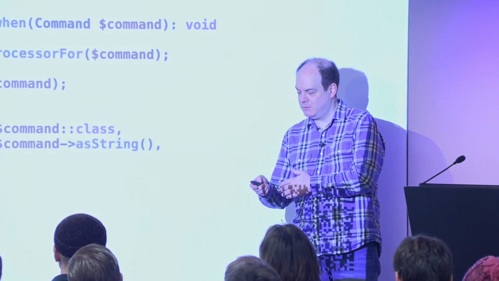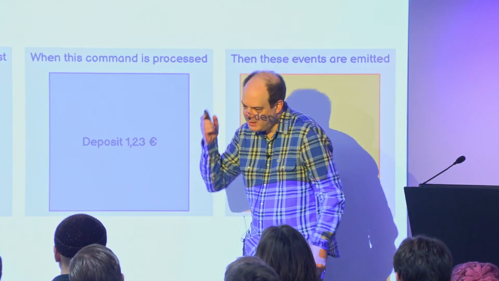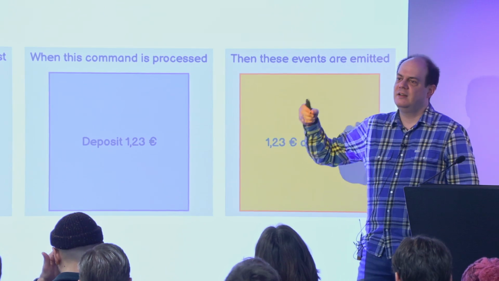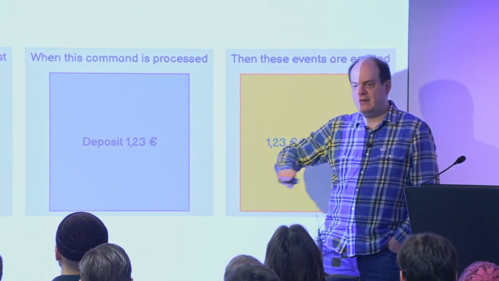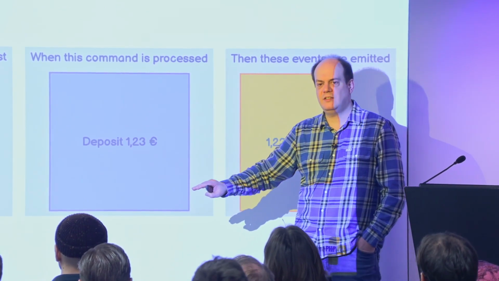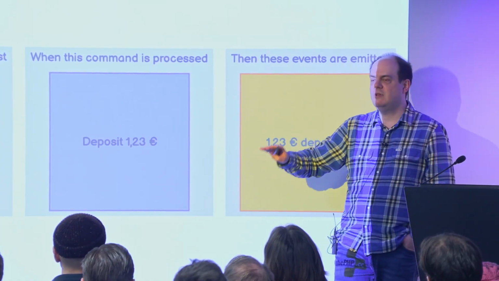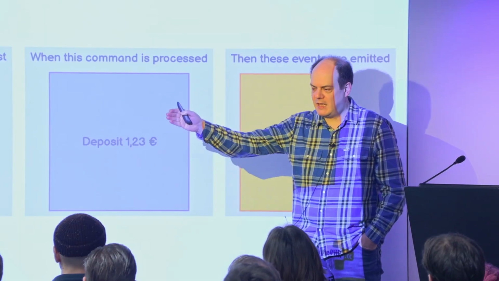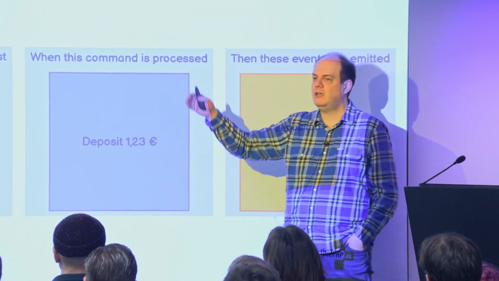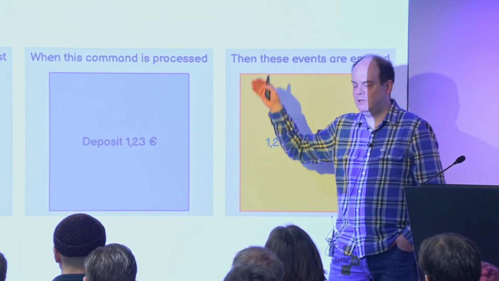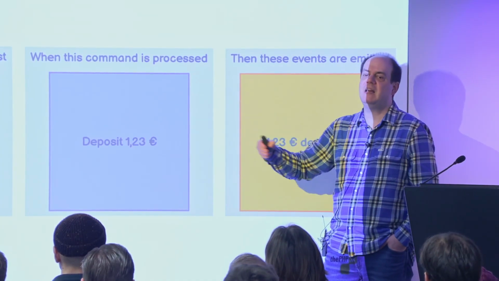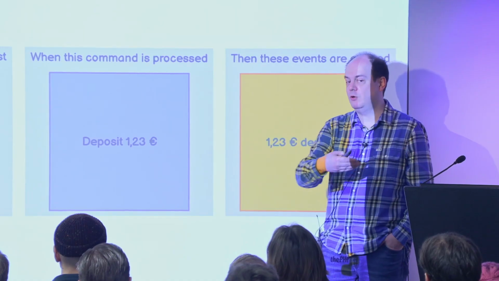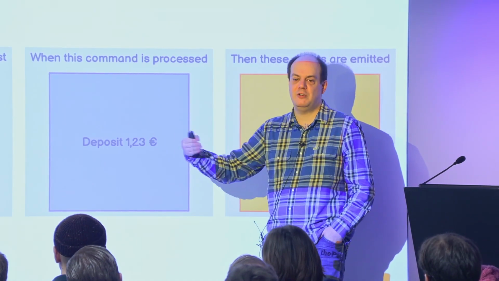Now I pushed the wrong button, sorry about that. Where this is more like the domain level of documentation. This is something that I can show to someone who is not a technical person on my team. Hey, I implemented depositing money into the bank account. Does this make sense? And of course, I will have more than one test for, at least I would hope so, my deposit money command processor.